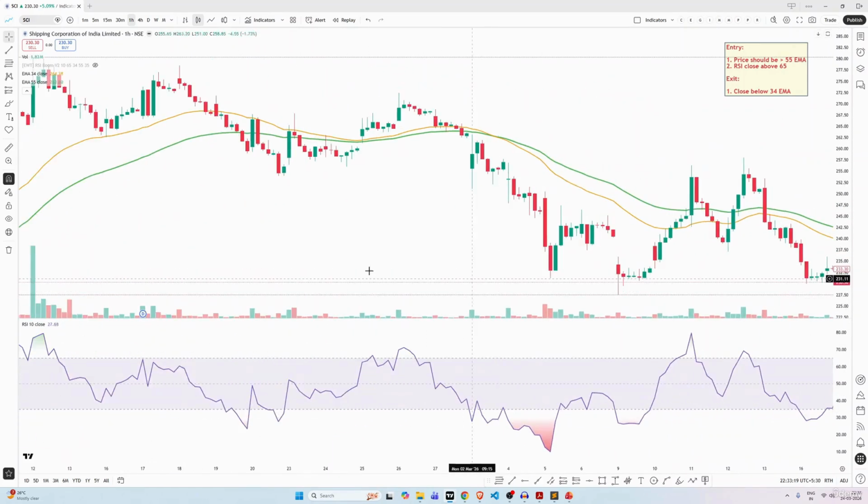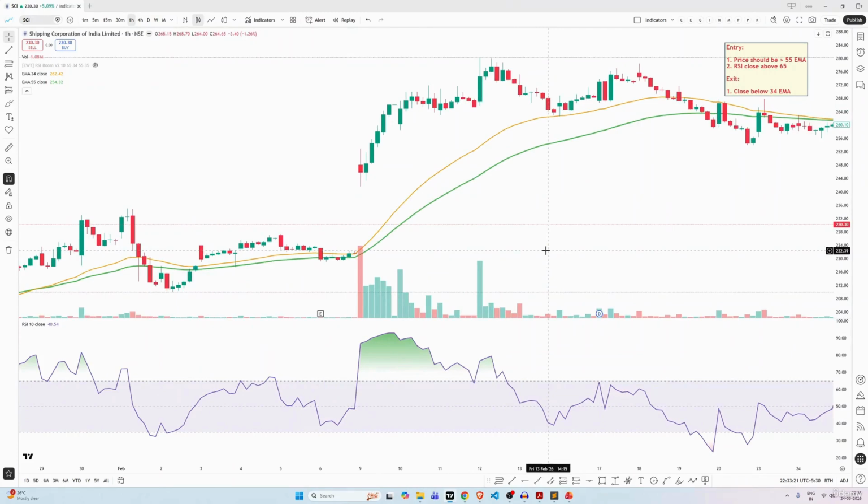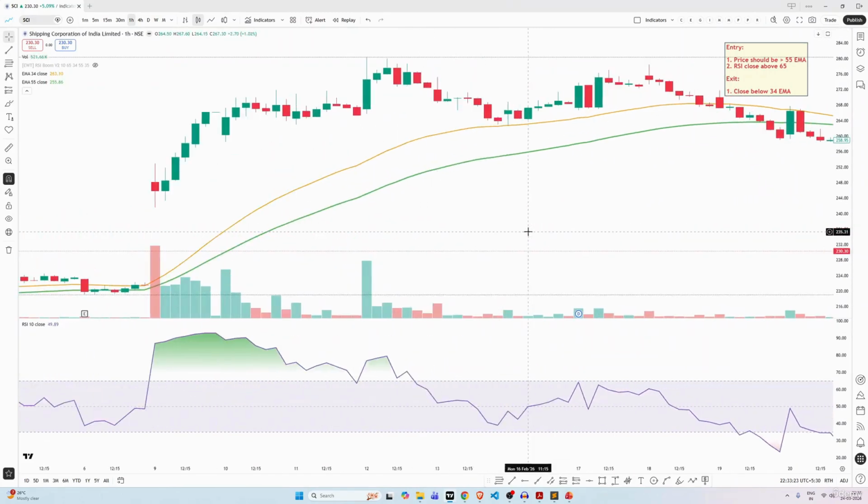If I zoom in, I can see on this candle close, RSI was 86.86, and previously it was below 65, 48.56.